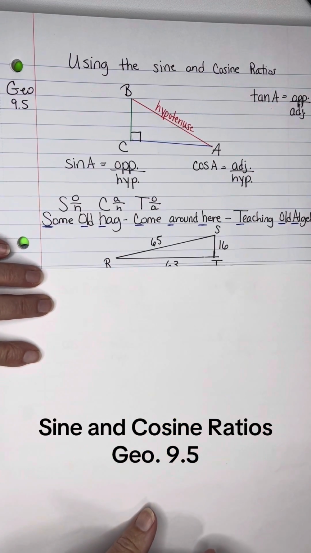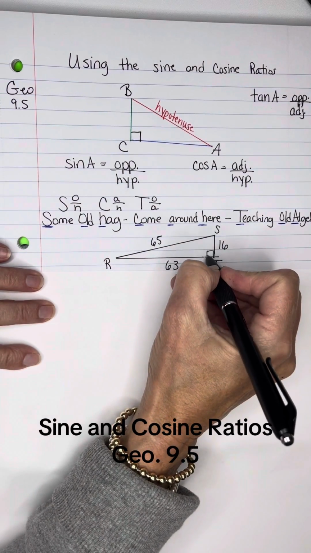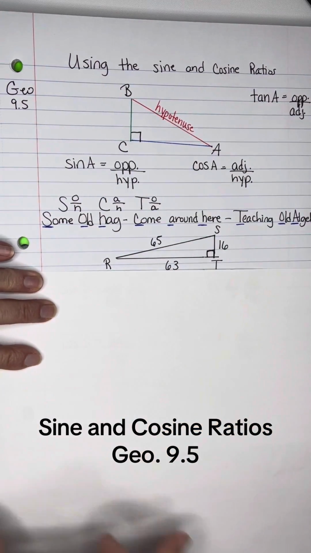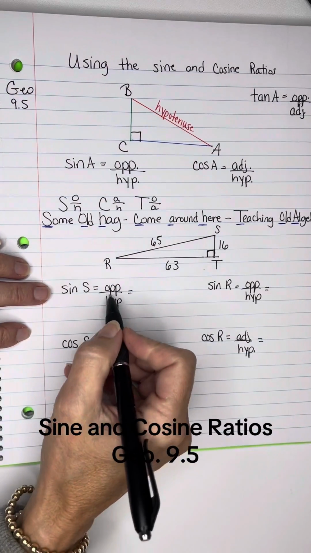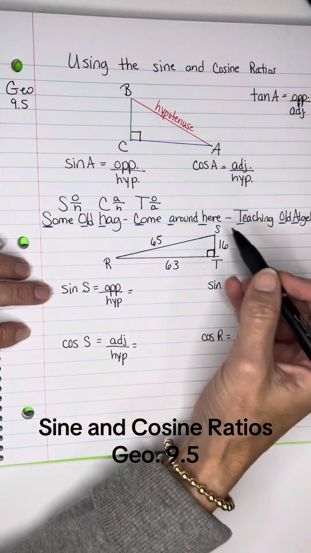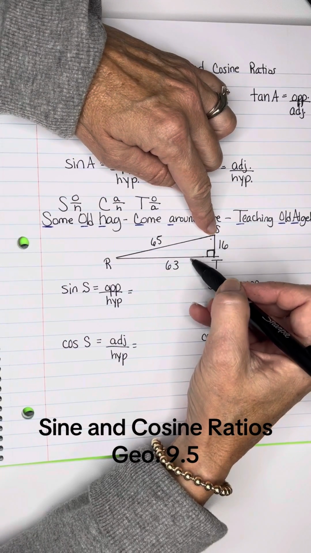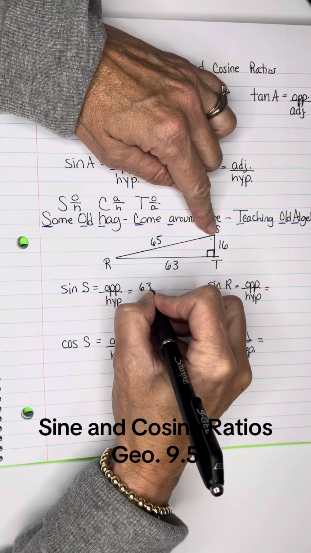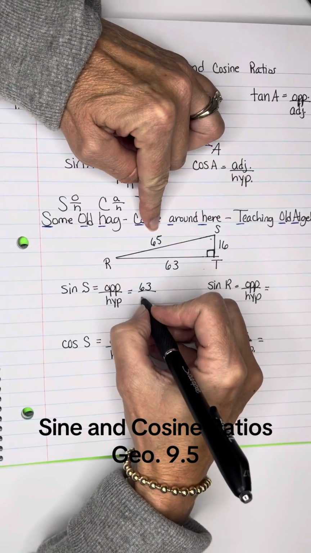All right, so I have this triangle here, and it is a right triangle. This trig works with right triangles. And I'm asking you to find the sine of S. So angle S is here, and we know that that's the opposite leg, which is 63, divided by the hypotenuse. Well, the hypotenuse is never going to move.